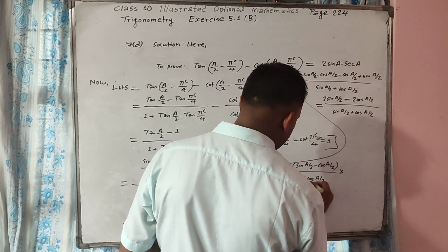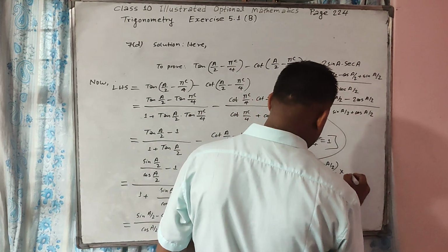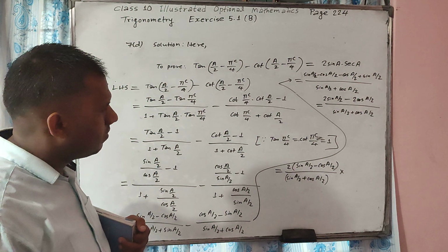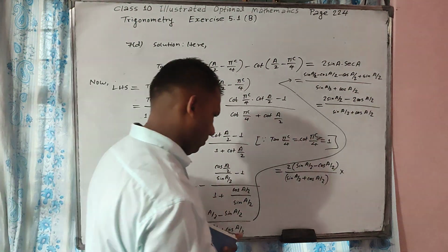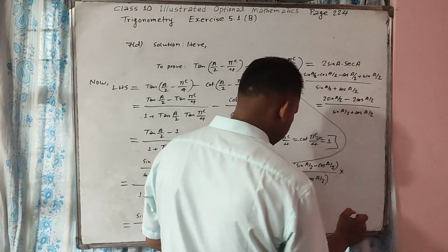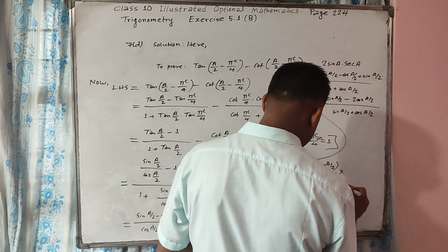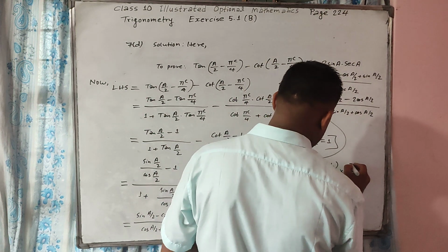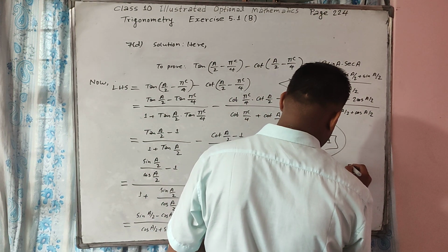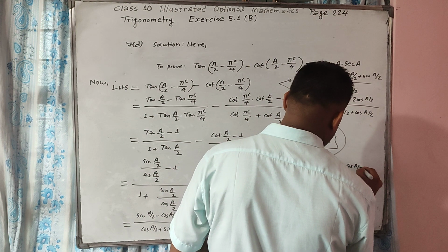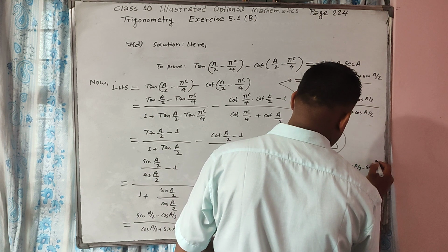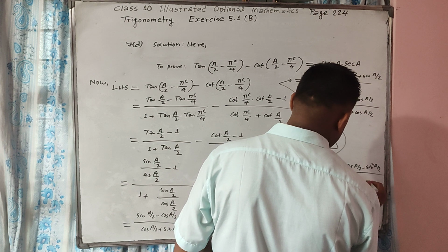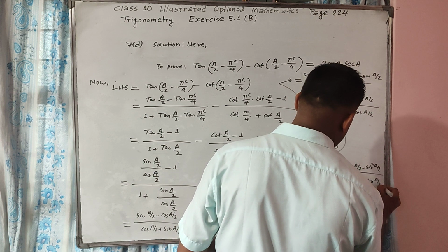Now using conjugate of denominator, equals to cos A by 2 minus sin A by 2 whole upon cos A by 2 minus sin A by 2.